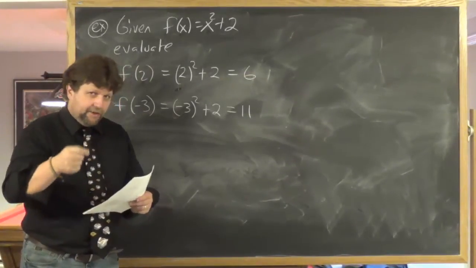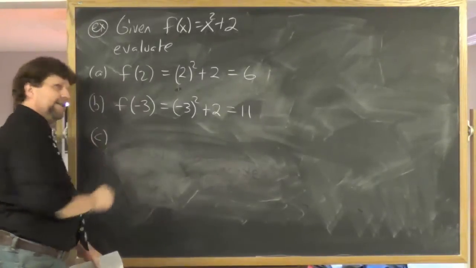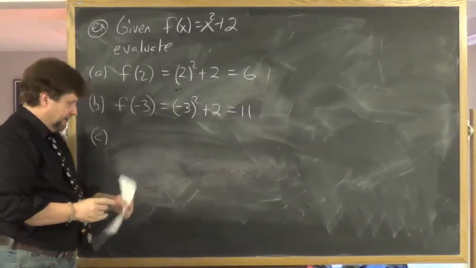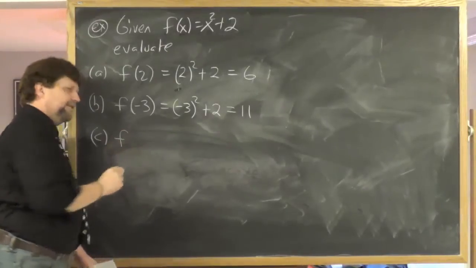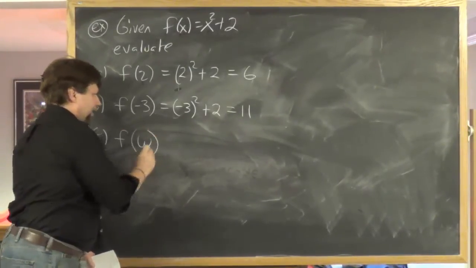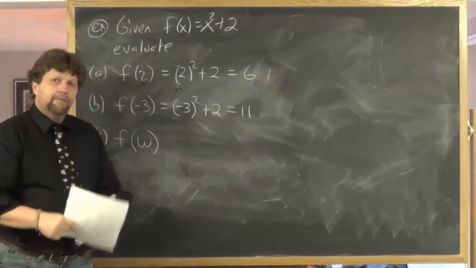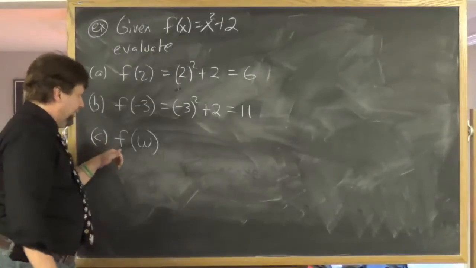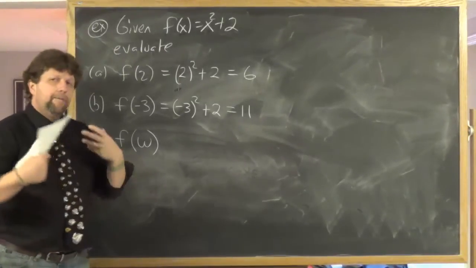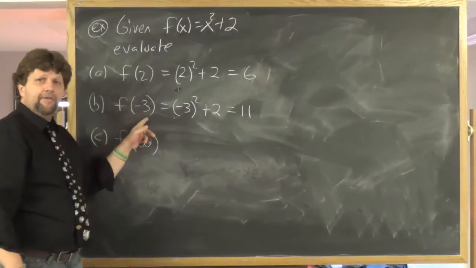Okay, let's make sure we understand the process here. It's all about process. So part C, let's say you're asked to find the f of w. Don't change the process. To determine the f of w, you're going to repeat the same process that we did for f of 2 or f of negative 3.